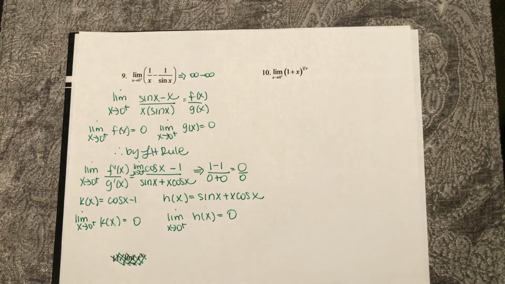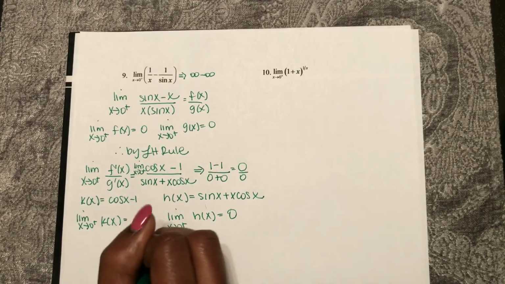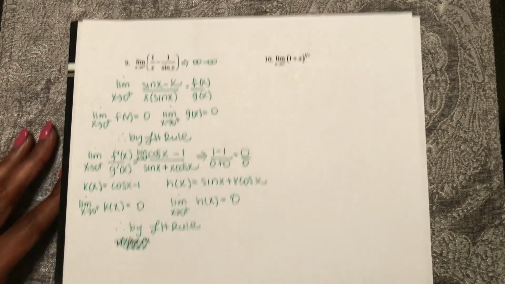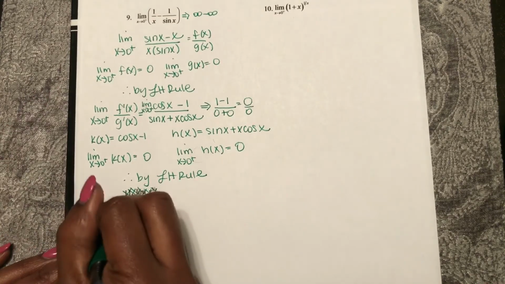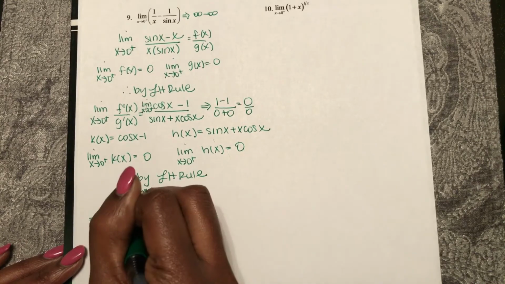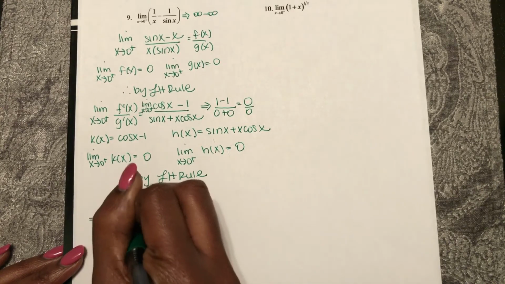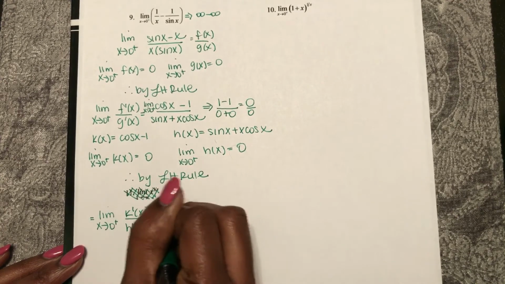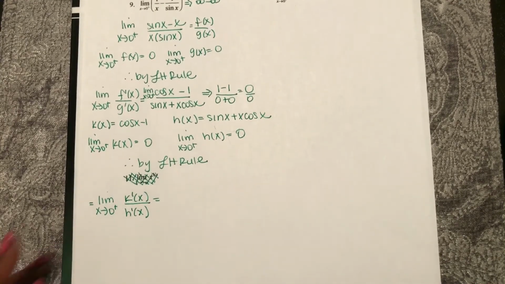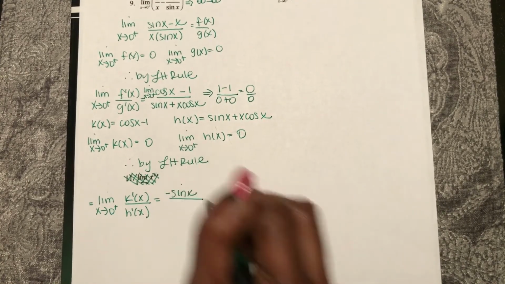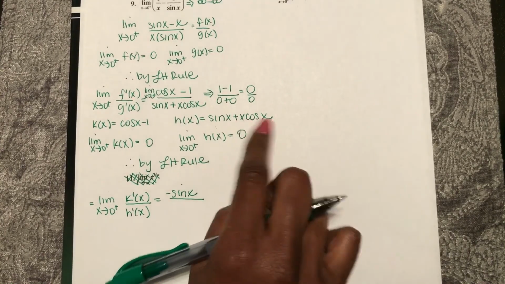So now I can say, therefore, by L'Hopital's rule, this equals the limit as x approaches 0 from the right of k prime of x over h prime of x, which for this problem, the derivative of k of x is negative sine x over the derivative of this function.